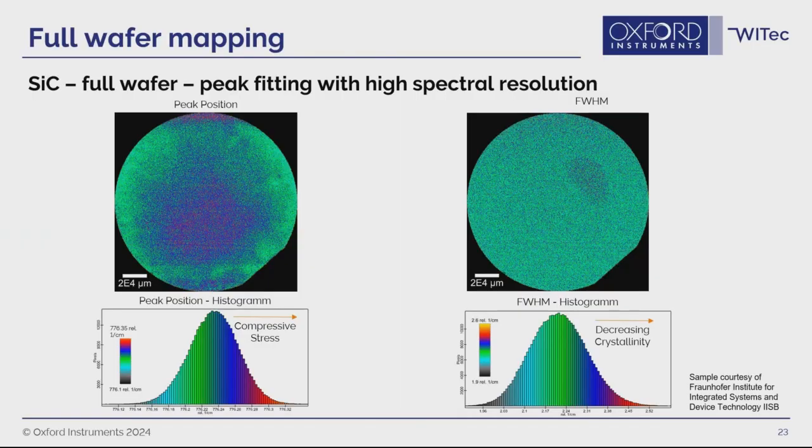The second image on the right shows you the full width half maximum of the E2 high peak, which is sensitive to the order of crystallinity. A narrow peak shows higher order of crystallinity compared to a broader one.